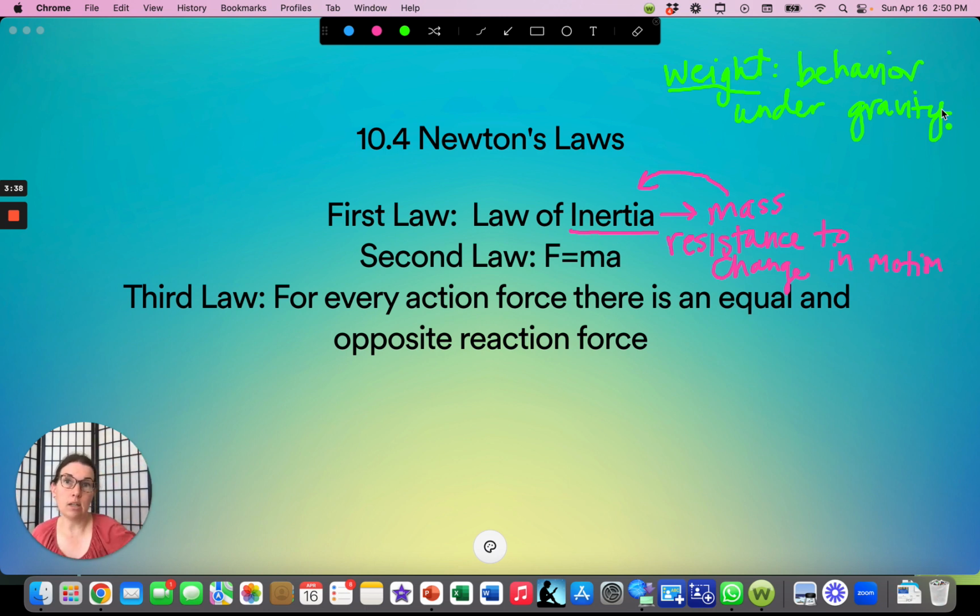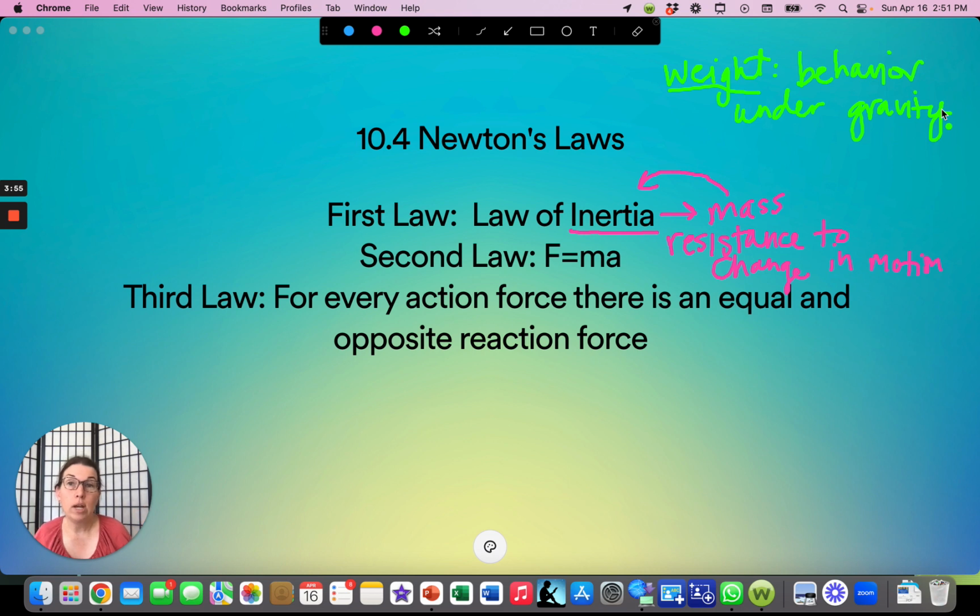You're not depressing a spring in the presence of Earth's gravity. So this is why when we're talking about weight, different objects, their weight will change on Earth versus on the moon, or on Earth versus in outer space.